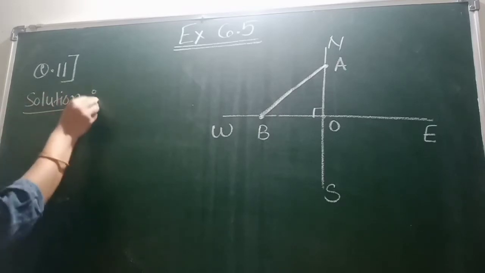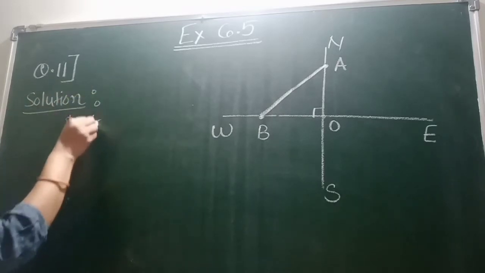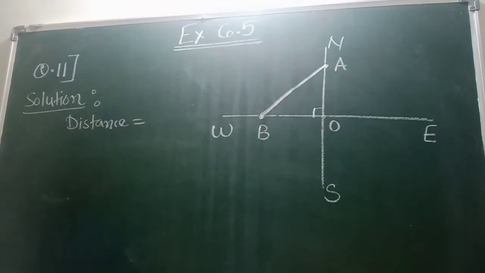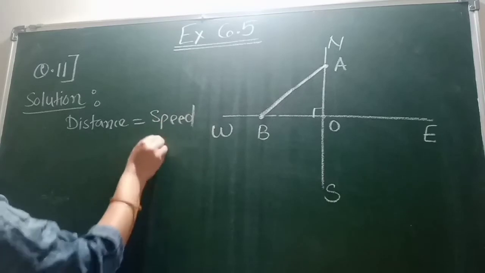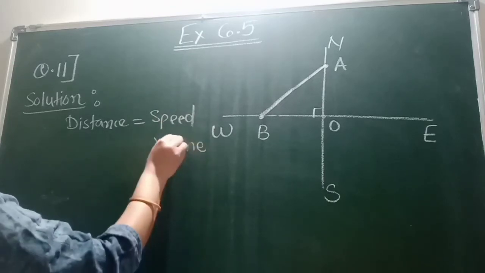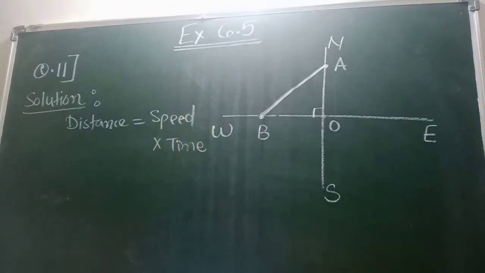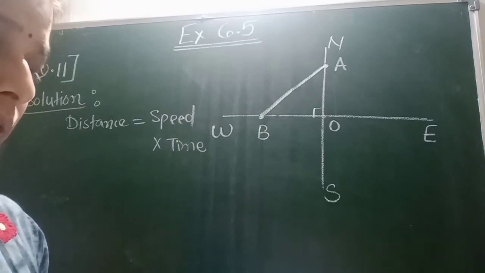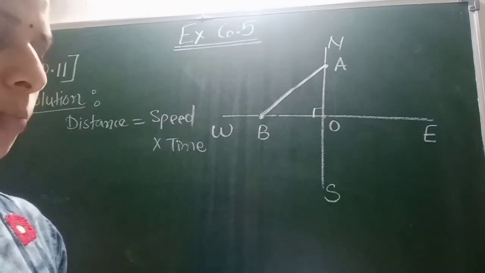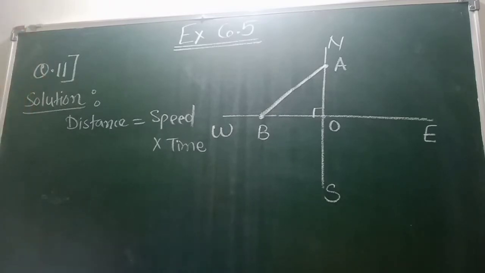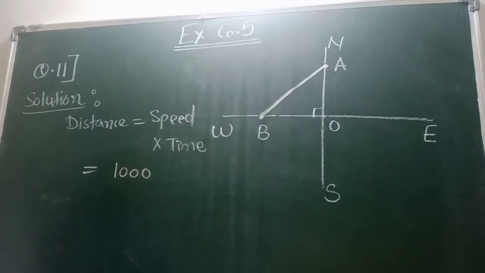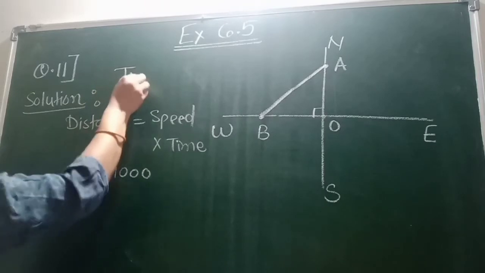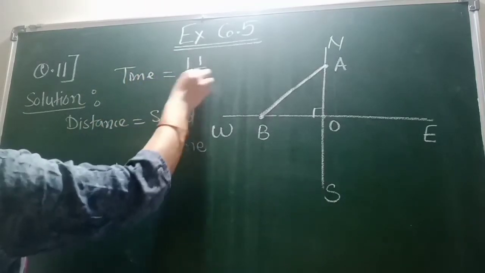Solution. As we know, distance equals speed into time. It is given that in the north direction the speed of the first aeroplane is 1000 km per hour, and time is 1.5 hours.